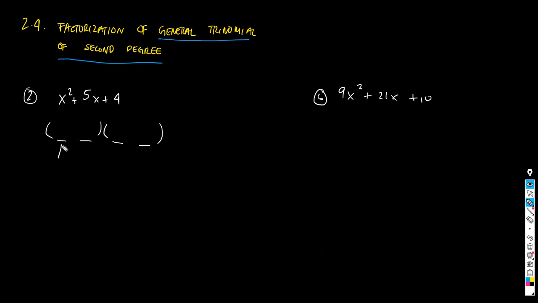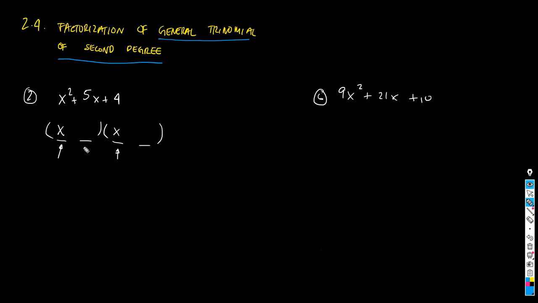The basic idea is this. You're going to find two numbers, this one and this one, such that their multiplication gives you the first term in the trinomial. In this case, we have no other option but x and x. When you have no other option, the factorization is quite simple. So x times x gives you x squared.